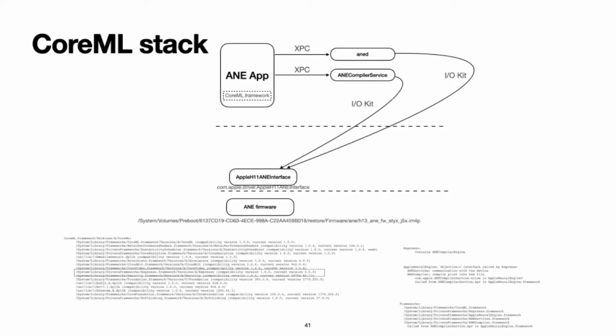And there is another daemon, aned, which is in charge of other command and control. When you use the CoreML framework, the framework uses XPC, Apple's IPC mechanism, to talk to the two daemons. The two daemons consequently talk to a kernel extension called AppleH11ANEInterface via the IOKit we mentioned.